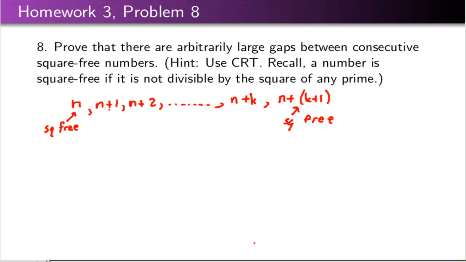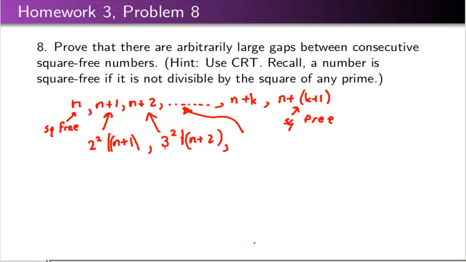So I want one of them to be divisible by a square, n plus 2 should be divisible by some other square, and so on. So let's have, say, 2 squared divide n plus 1, and maybe 3 squared divide n plus 2. Okay, let's see. What number do you want to divide n plus 3? So I'm going to be turning this into a Chinese remainder theorem problem. You want to pick these factors so that they are pairwise relatively prime, and then view it as a congruence problem.